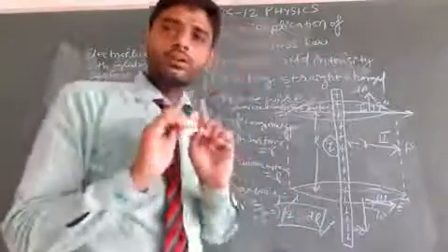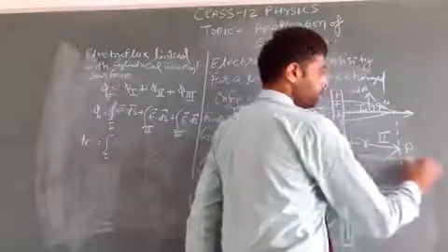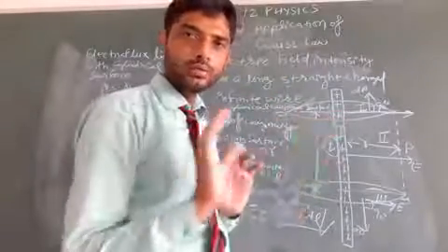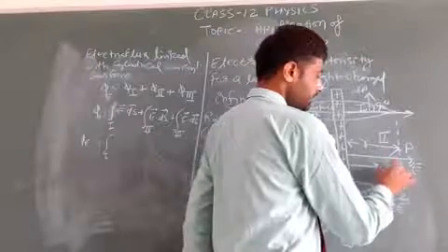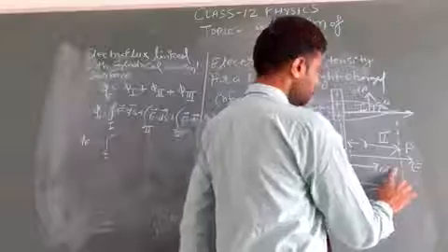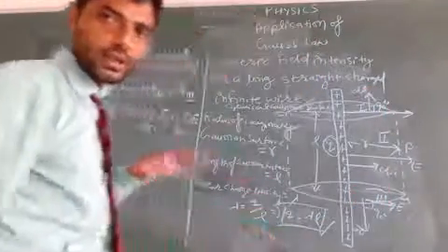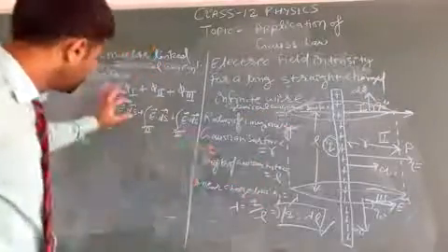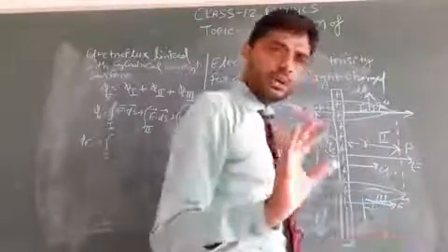But for the curved surface area, the direction of electric field line is outward to the curved surface area, and the area vector is, this is S. You can write A, but use S. You can write A, there is no problem.